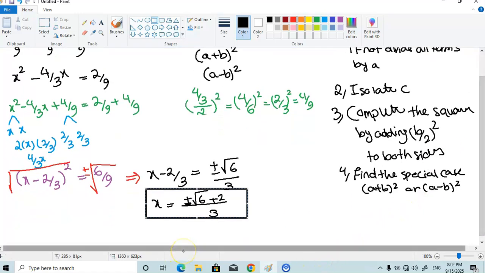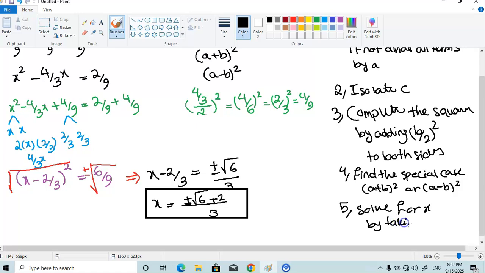However the question asks you to, or if it doesn't, you can just leave it however you want to. And the last step here, which I forgot to write, would be solve for x by taking a radical from both sides. And easily you can find your x.